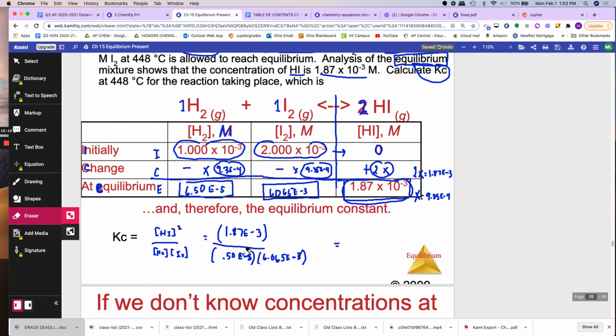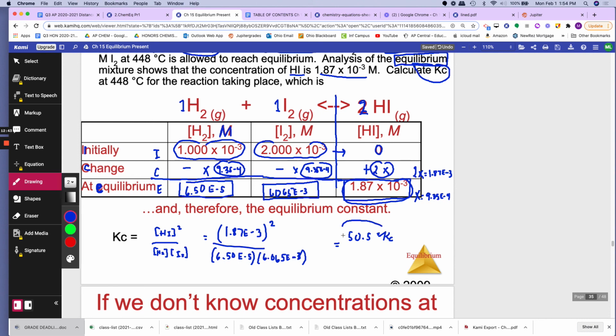It's kind of messy. 6.5 e negative 5. Ooh, I forgot to square this. There you go. That is the equilibrium constant.